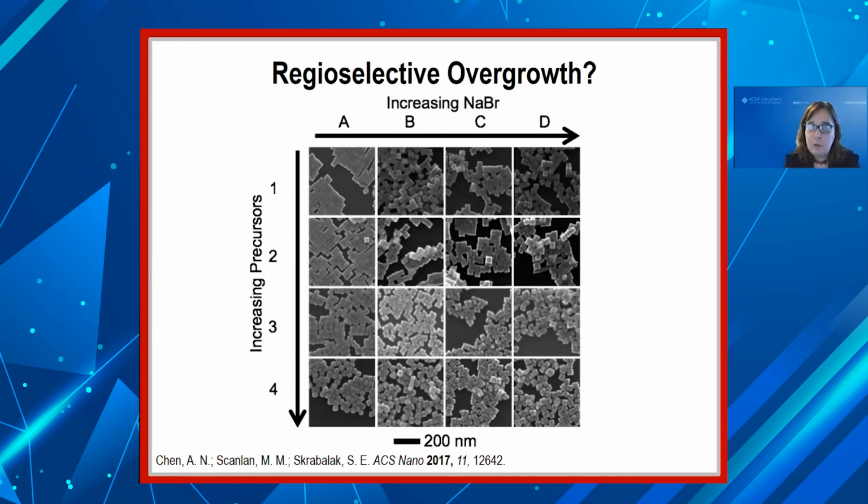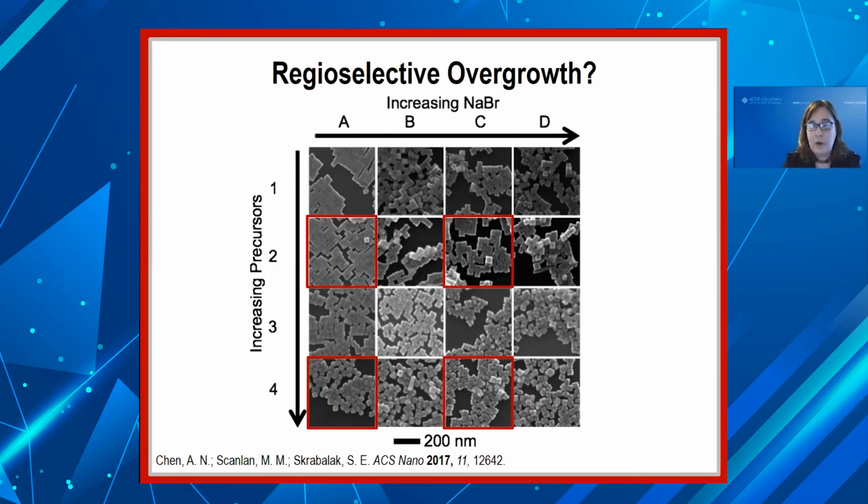Bromide is known to adsorb strongly to the 100 faces of palladium nanocubes. And our thought was that it could help passivate any sites on the faces that might be susceptible to metal deposition, making the vertices more favored for deposition at high bromide concentration. So I know that if you look at this big grid, you really can't see what's going on. So I'm going to pull out 4 examples to walk you through.